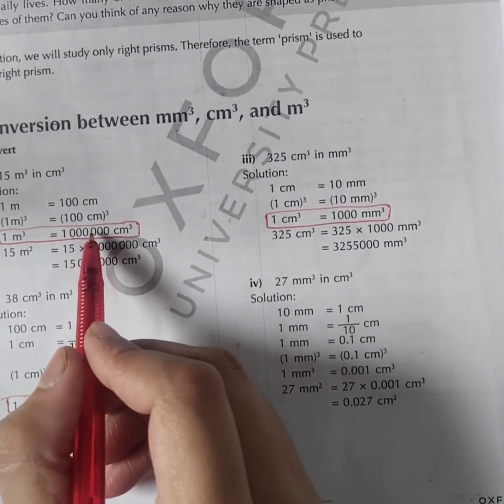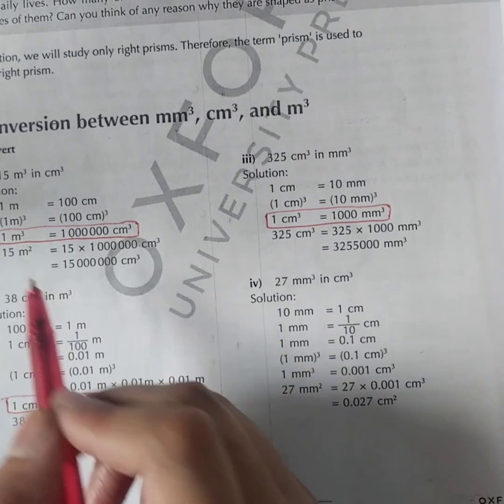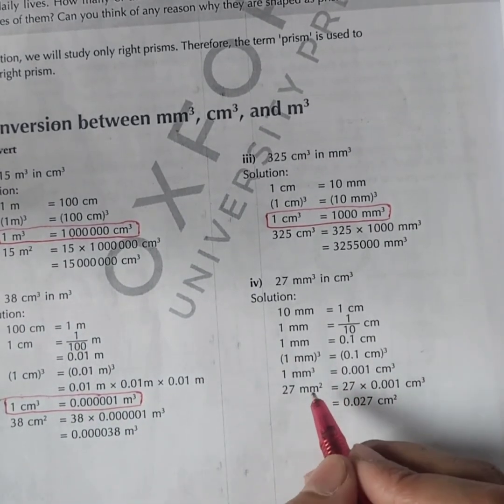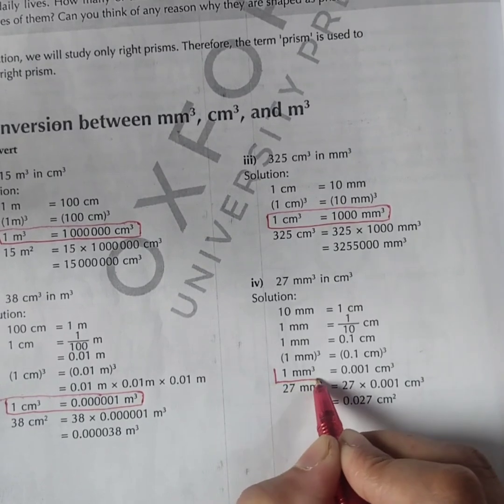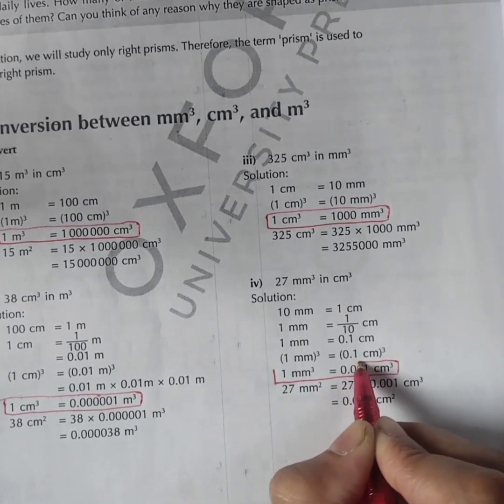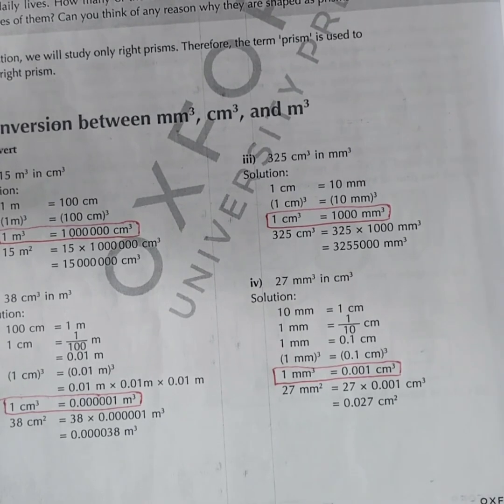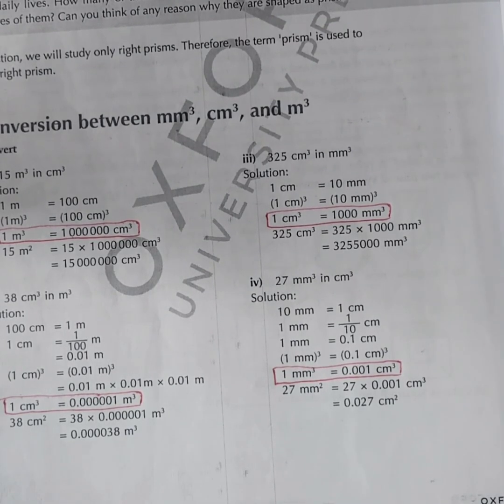Here it is multiplying; when you divide, you get 0.000001 meter cube, and in the same way 1 millimeter cube is equal to 0.001 centimeter cube. Okay, you also have to keep it in mind.